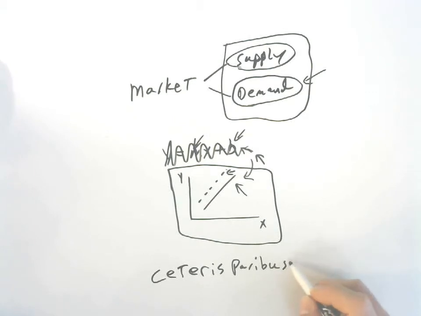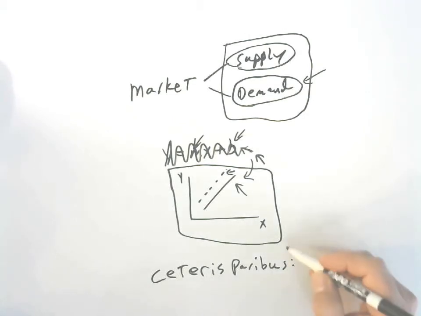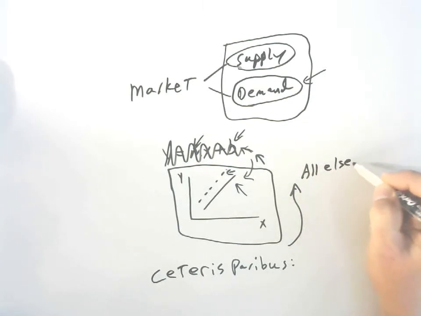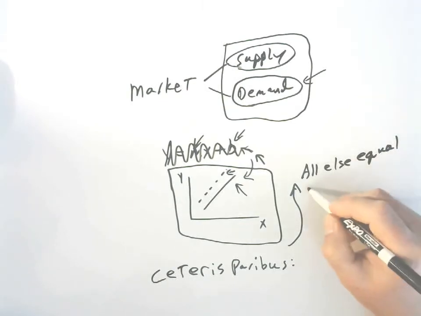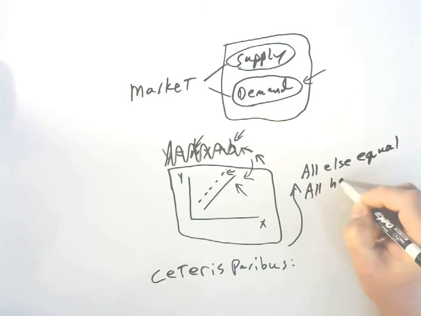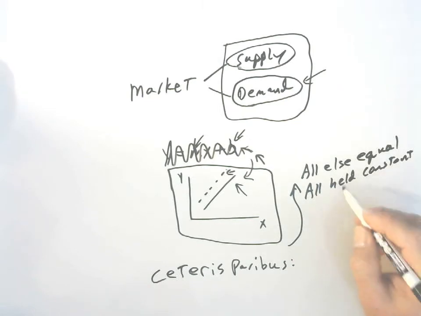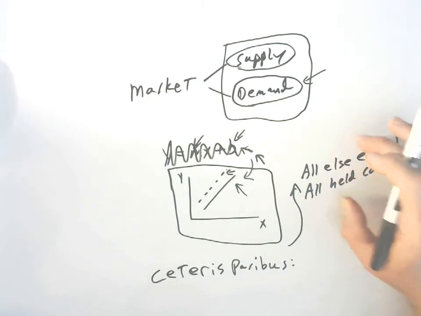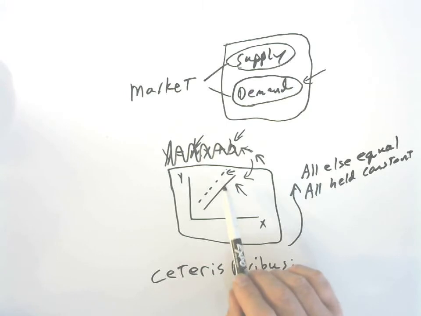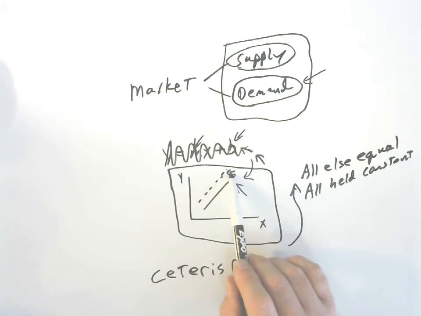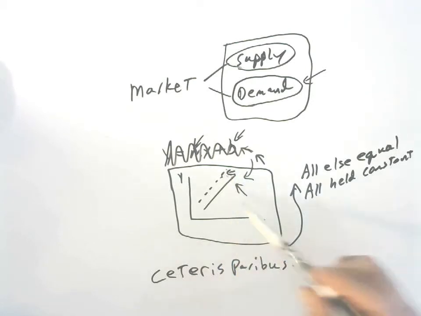And Ceteris Paribus means all else equal, all held constant, etc. It essentially means that what we're going to do is analyze changes in this model using only one type of shock.